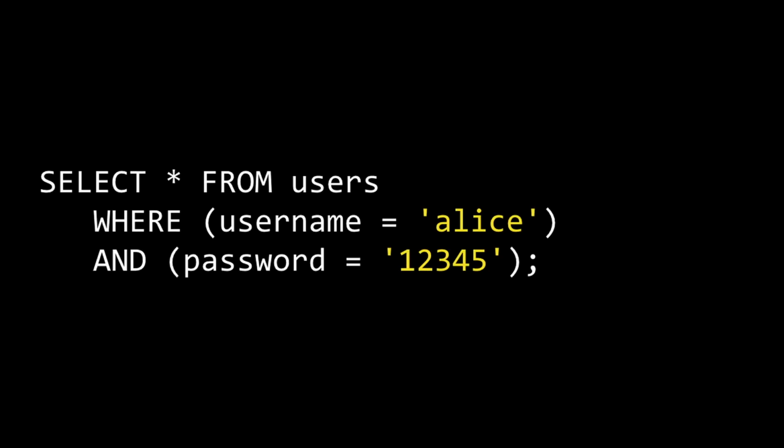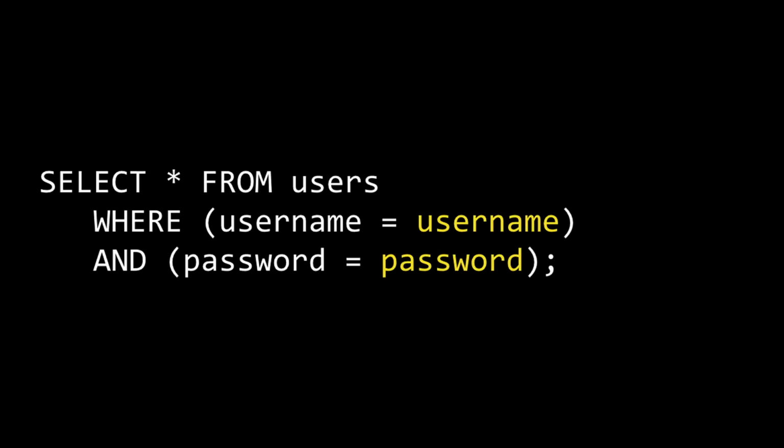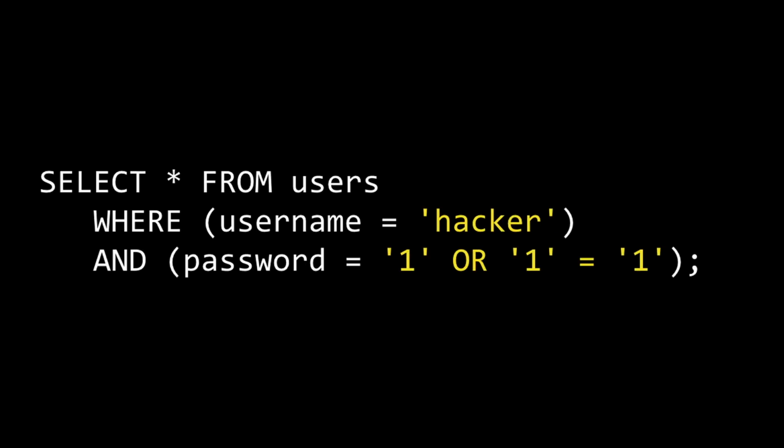But imagine some malicious hacker decides to type in something a little something like this. Username is hacker, and the password is this sort of odd string, one single quote, or, and then one in single quotes equals, and then single quote one without a closing single quote, which seems strange. But when that gets inserted into the query, we end up plugging in hacker as the username.